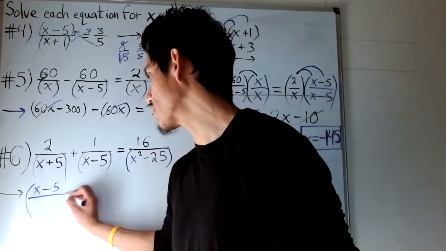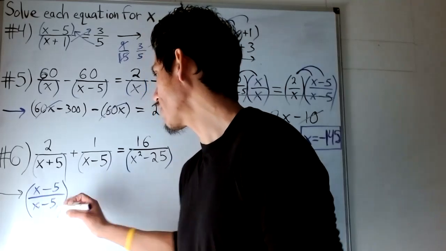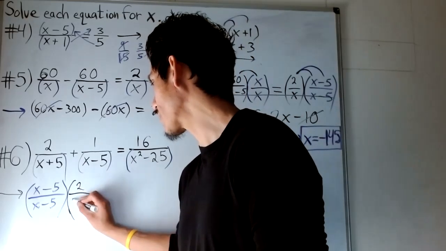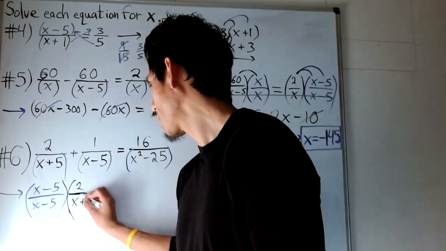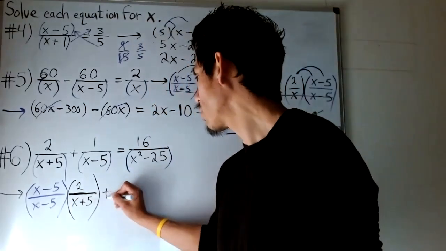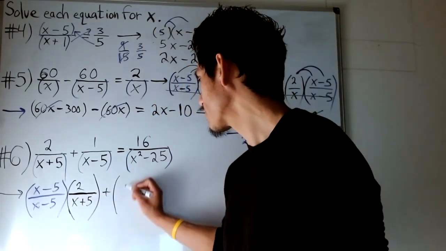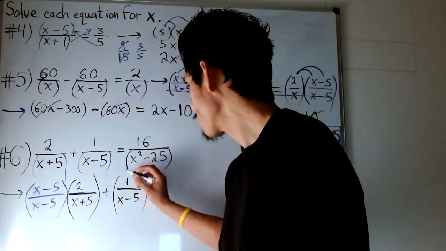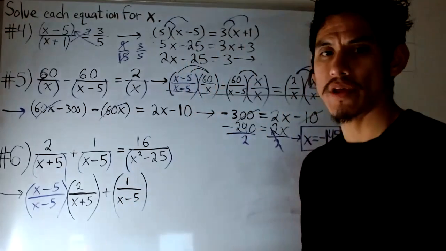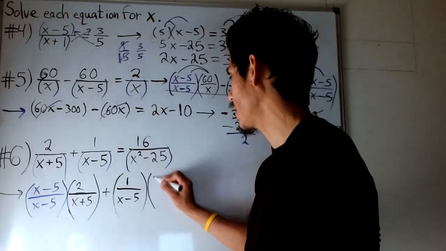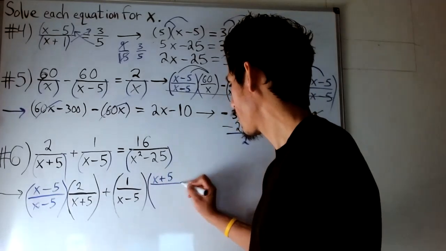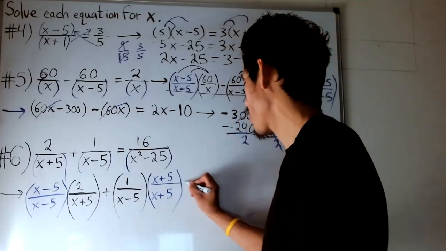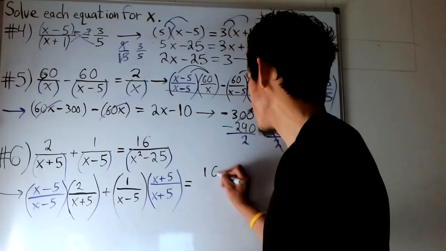So we're going to multiply this by x minus 5 over x minus 5 times 2 over x plus 5 plus 1 over x minus 5 there, and then this will be multiplied by x plus 5 over x plus 5, and that'll be equal to 16.